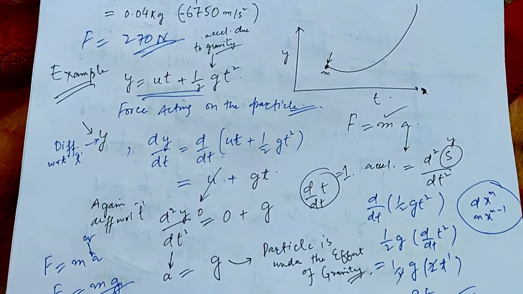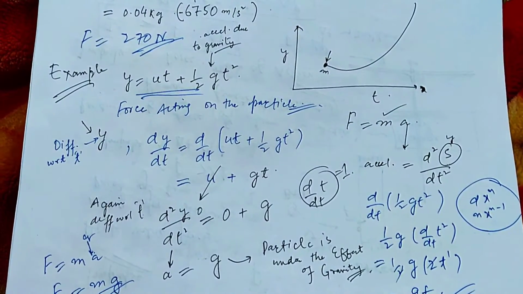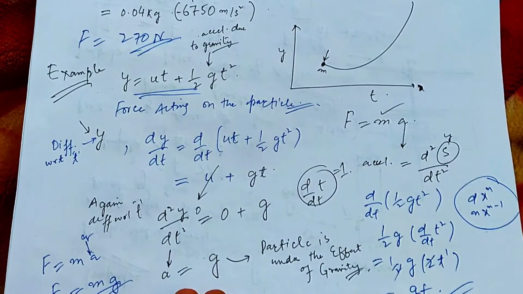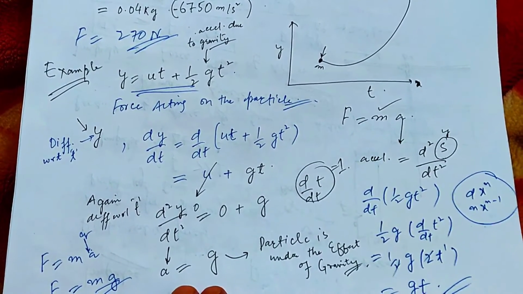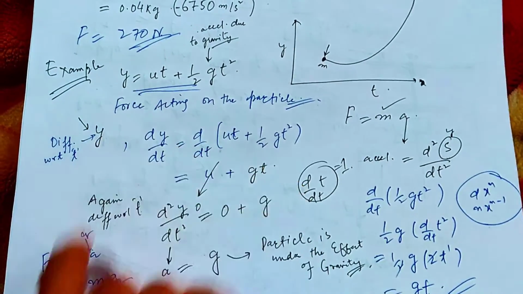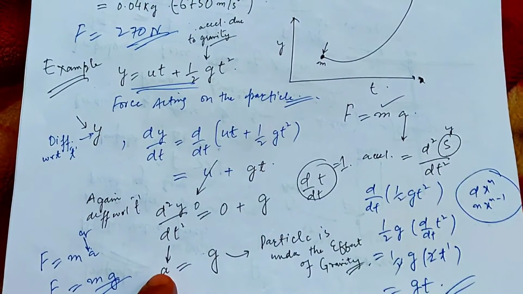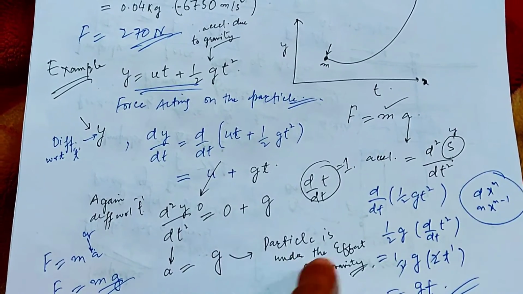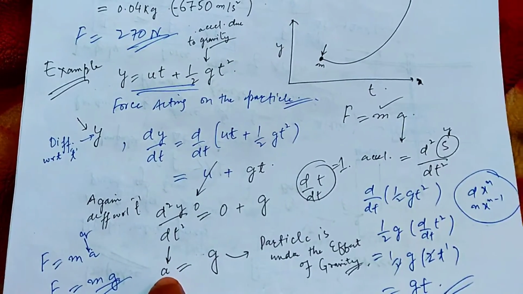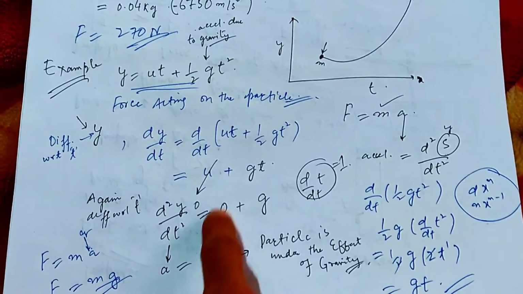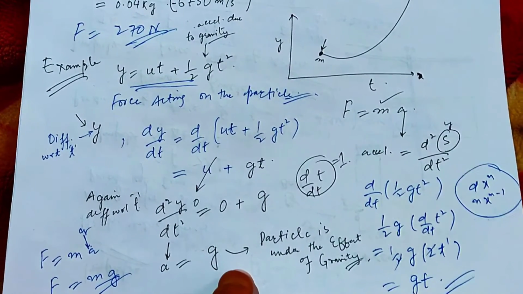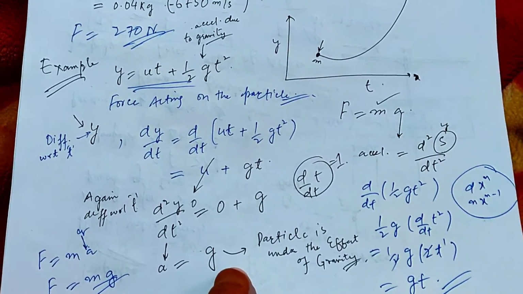It is solved, and after that you can look at this problem yourself to get an idea that at the end of the day, if a particle's motion is given by an equation like this, it means that the particle is under the effect of gravity, and ultimately we get acceleration is equal to g, that is the acceleration due to gravity.